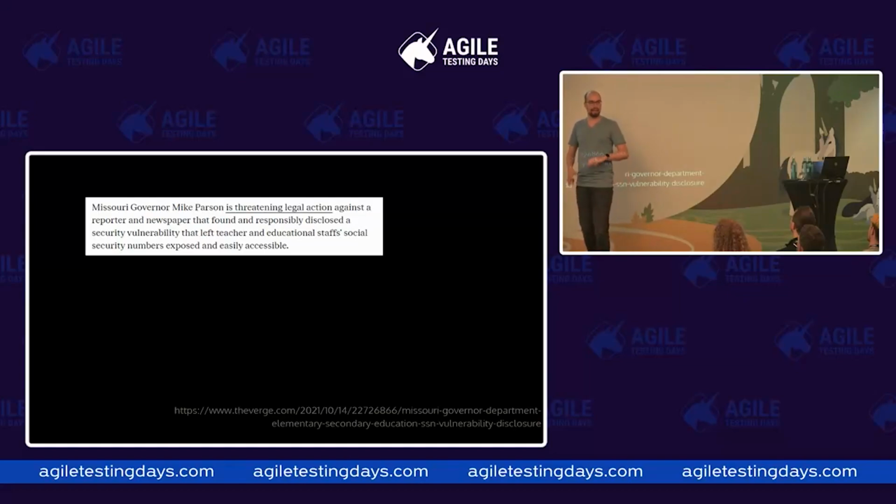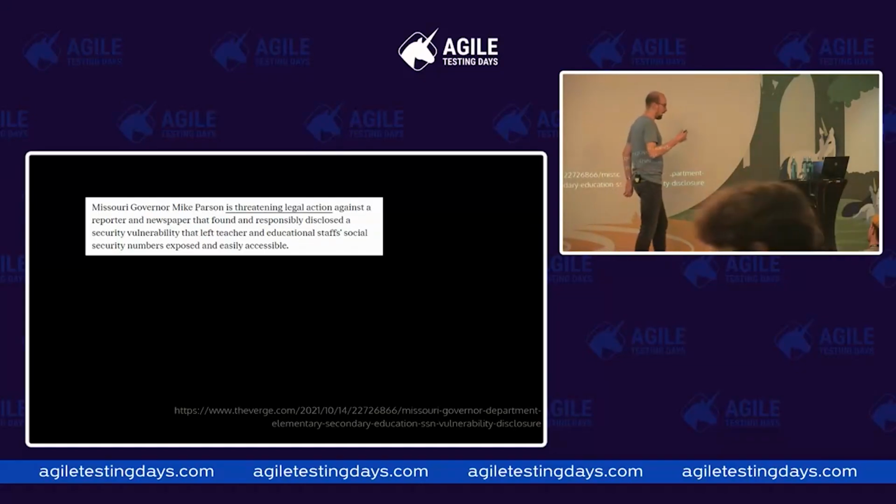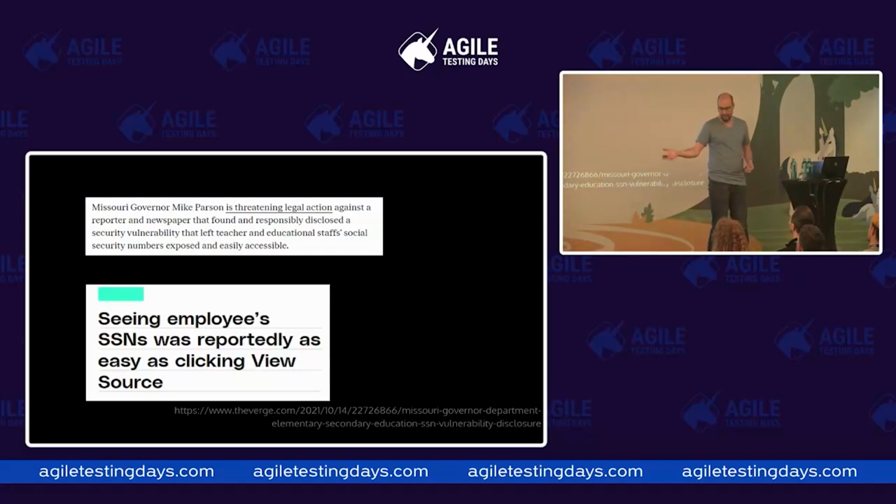They did that, and they told the whole world that they could do it. And they had to do a lot of things. No, they just had to click view source. It was in the HTML of every page. This is a really good example of broken access control. That should never have been sent.